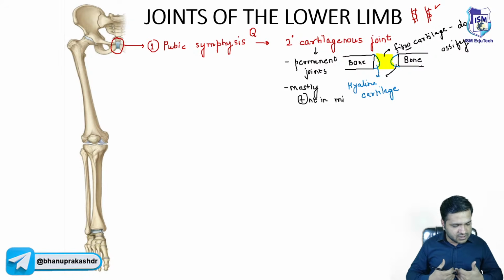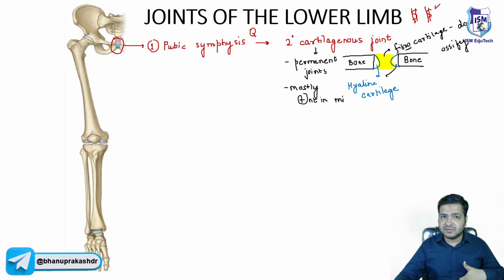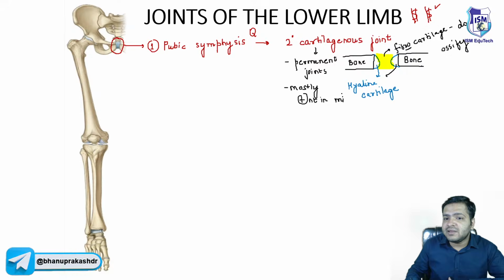You know, sternum has three parts: manubrium, body, and xiphoid process. So between manubrium and body, manubriosternal joint, and xiphisternal joint. These are all secondary cartilaginous joints. Remember, mostly they are present in the midline of the body, right?